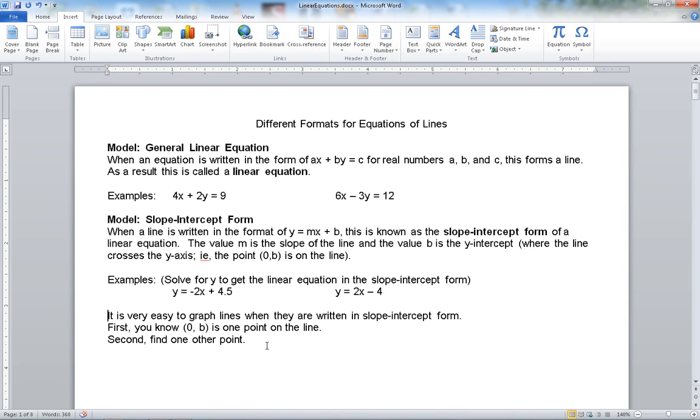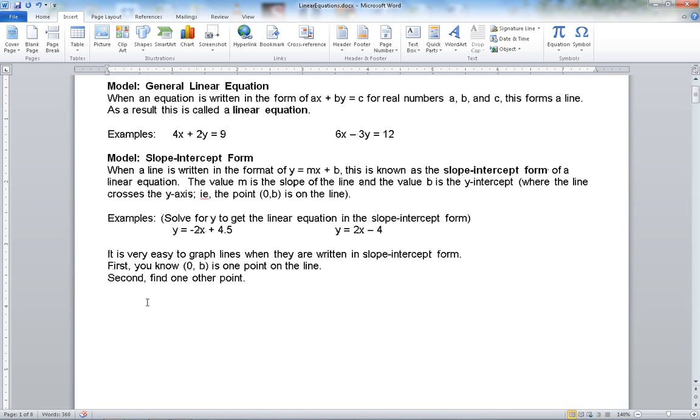All you have to do is find one other point on the line, and there's multiple ways that you could do that. For example, we know that (0, 4.5) is one of the points on this first line because the y-intercept is 4.5. Then we just choose another value for x, for example 2, plug that into the equation, and solve.